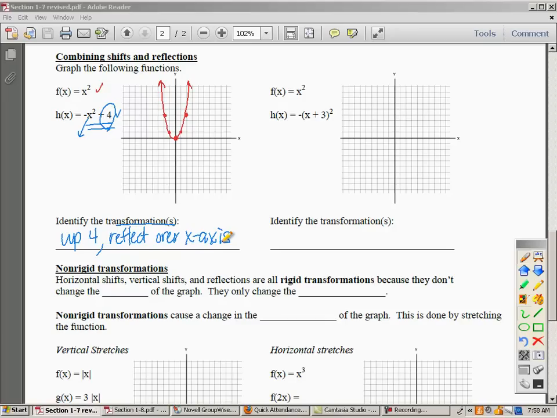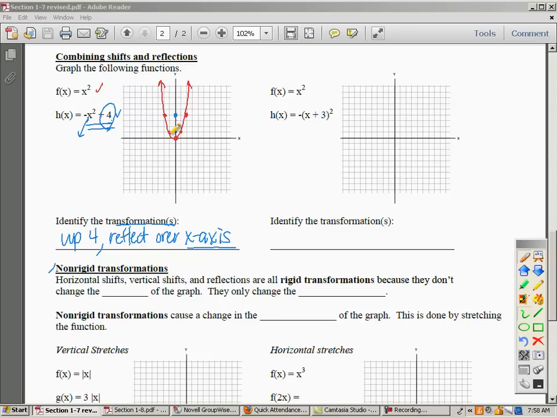Now, you do have to say over the x-axis because now we have two types of reflections. So here's what I'm going to do. I'm going to first reflect it because normally we multiply, order of operations, before we add. So I'm going to flip my graph first, and at (0, 0), flip still stays at (0, 0), and then I'm going to move it up 4.